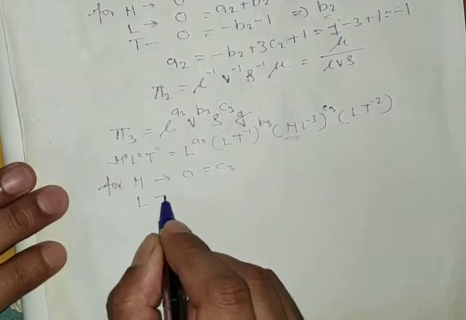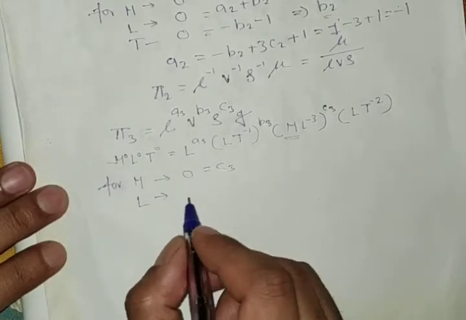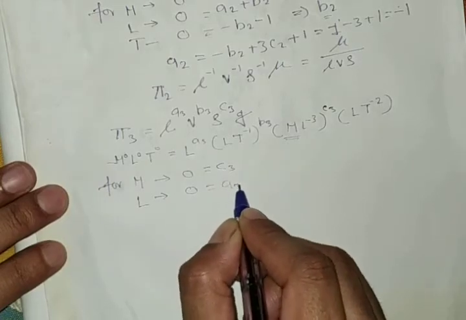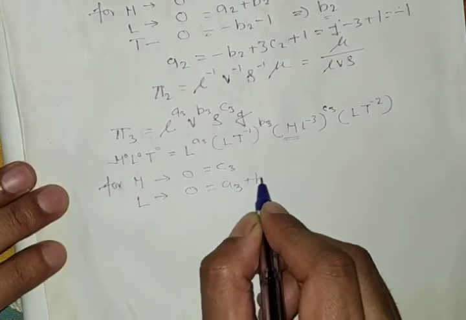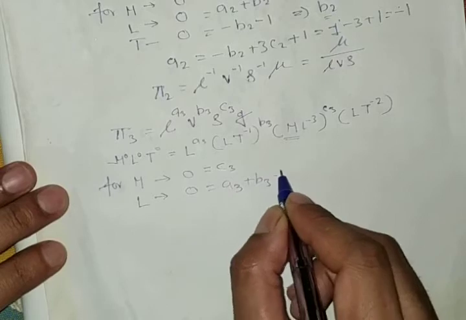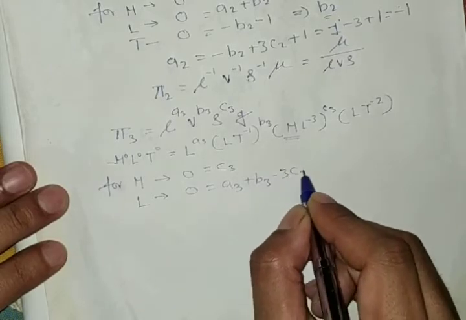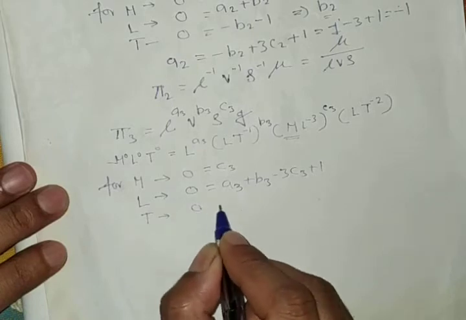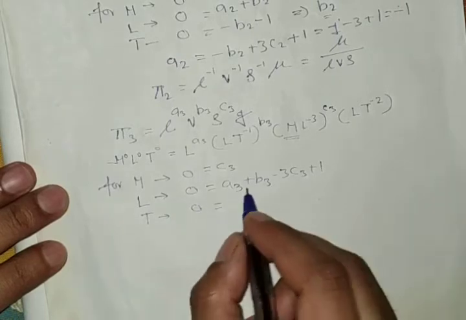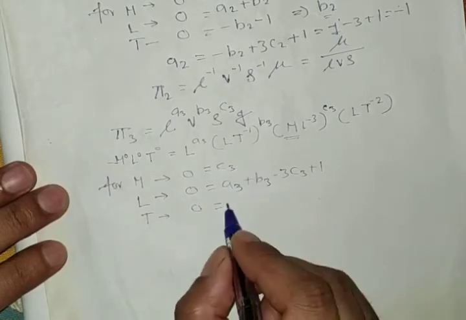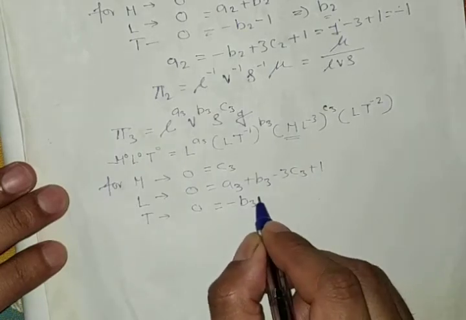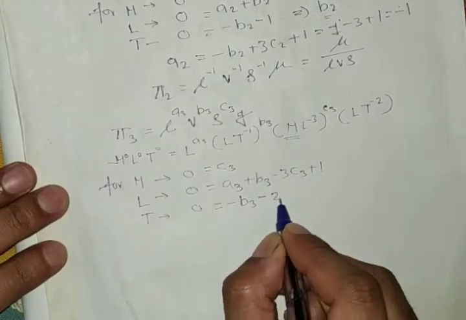So for L it is 0: A3 plus B3 minus 3C3 plus 1. For T it is 0: minus B3 minus 2.